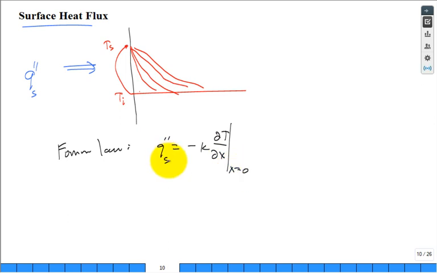Isn't that Q double prime S? Yeah. We just got that analytically. So all we have to do is take the partial, with respect to x, of my temperature, which was Ts plus Ti minus Ts, error function of eta.